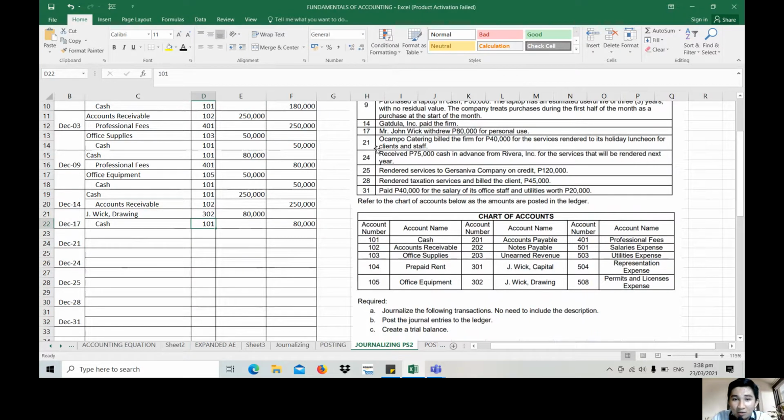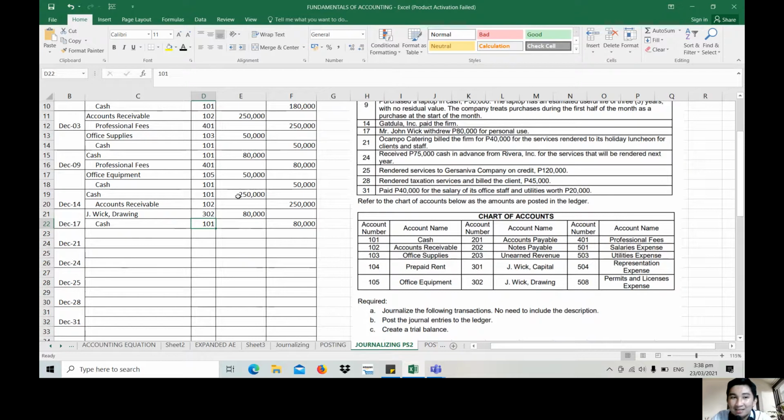Next, December 21, Ocampo Catering billed the firm 40,000 pesos for the services rendered to its holiday luncheon for clients and staff. Okay. Si Ocampo Catering is a restaurant, catering services. Ayan. Nag-bill siya kay John Wick or sa accounting firm ni John Wick kasi dito nagpakain, okay?